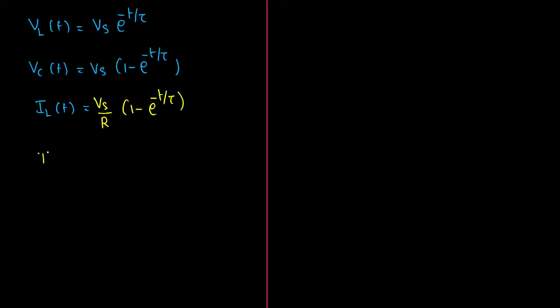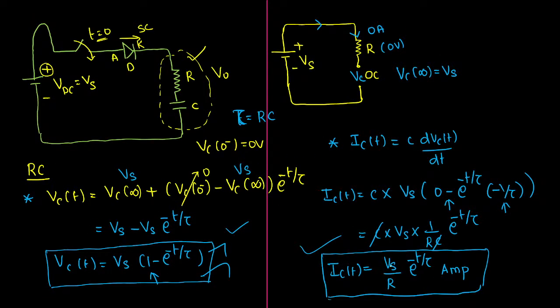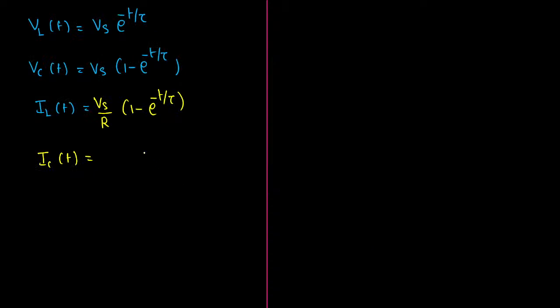Similarly, if we write the expression for IC of t, what we observed is Vs by R into e power minus t upon tau. Now this is the RL circuit, and this is the RC circuit.